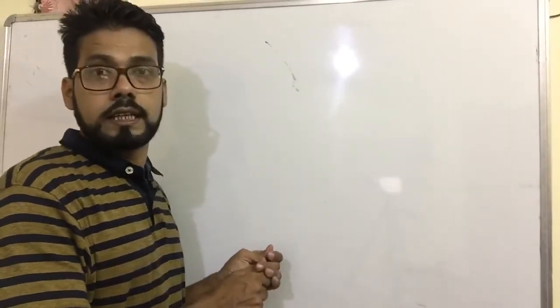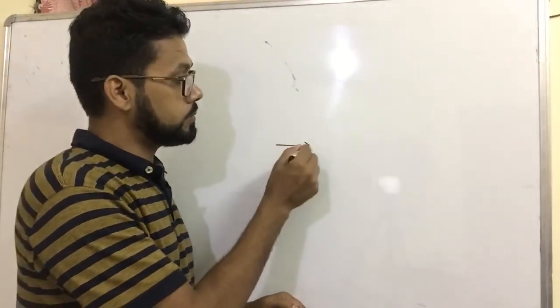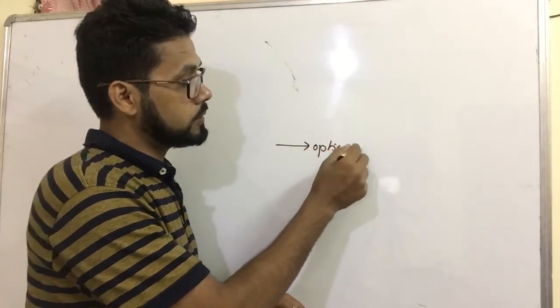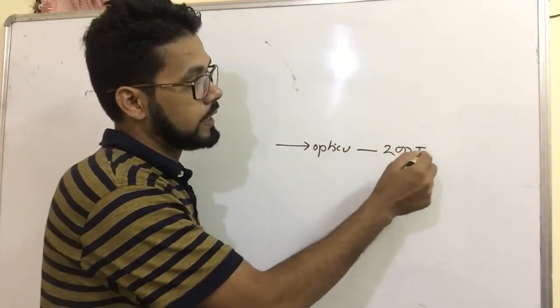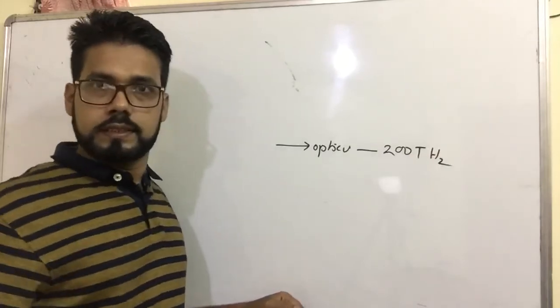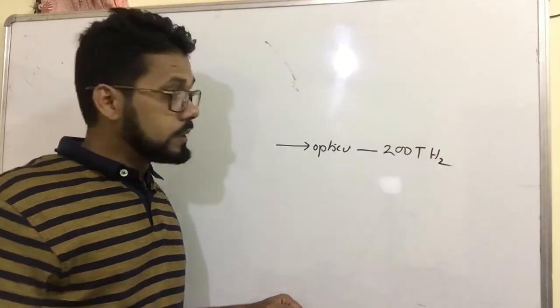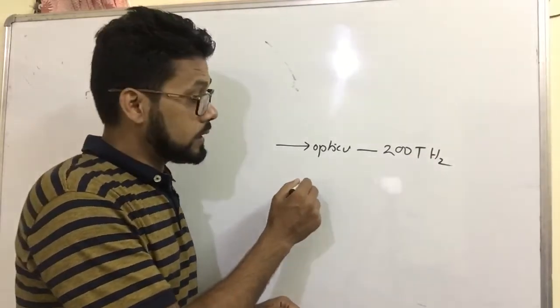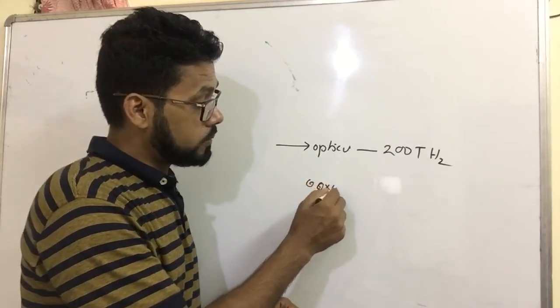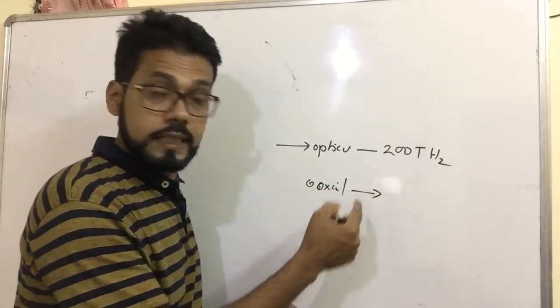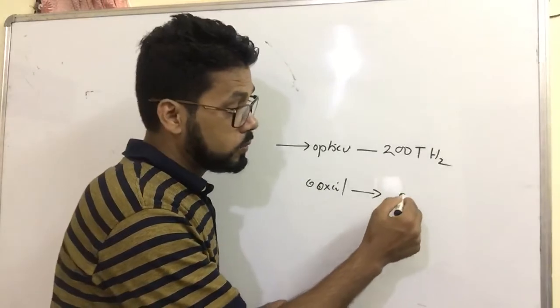Number two, optical communication has a frequency range around 200 terahertz. But in coaxial communication, the operating carrier frequency is approximately 20 gigahertz.